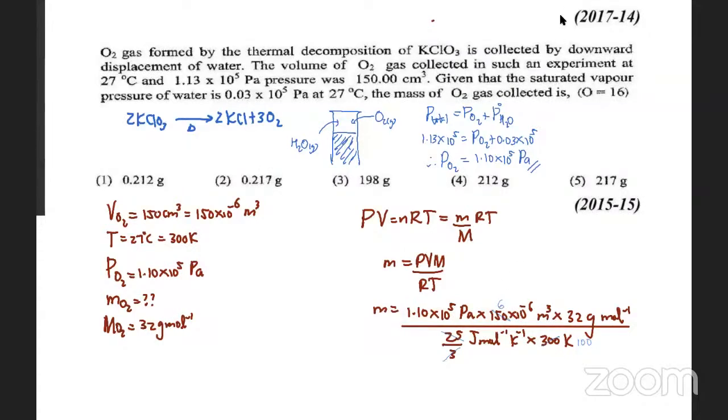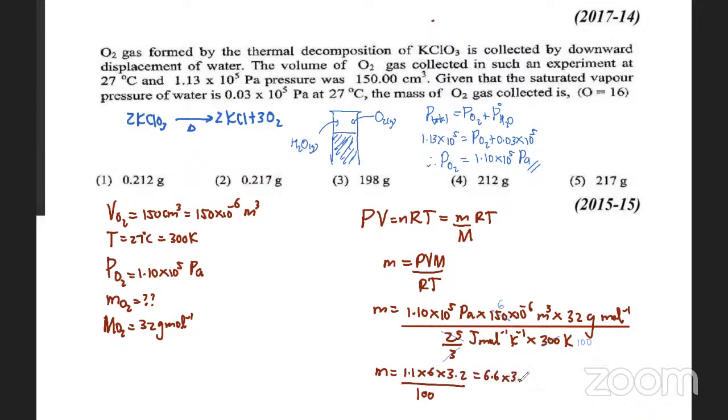M is going to be equal to 1.01 into 10 to the power 5, into 6 into 10 to the power minus 6, which is 0.6, into 32, divided by 100 as well. Don't forget that is also divided again by 100.